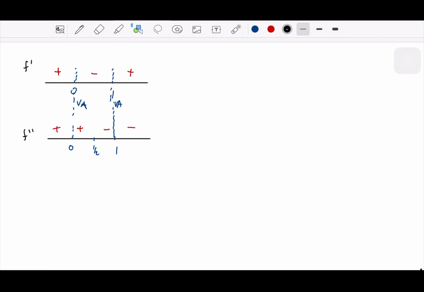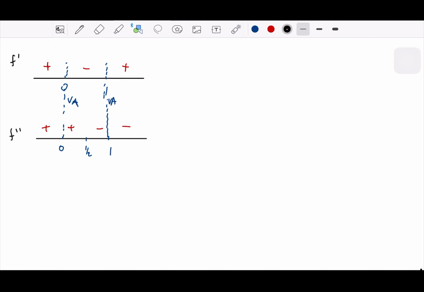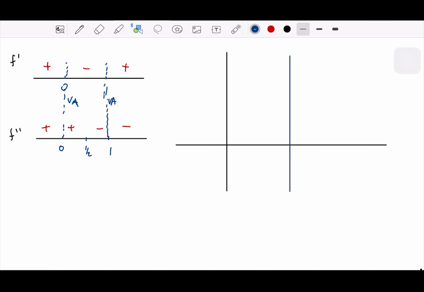Okay, we translate this f prime and f double prime into our curve. Let's say this is x equals 1, and this is half. The horizontal asymptote is on 0, and the other vertical asymptote is x equals 0, so they are the x-axis and y-axis.